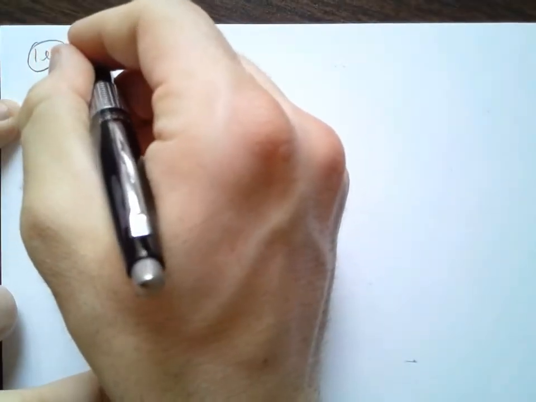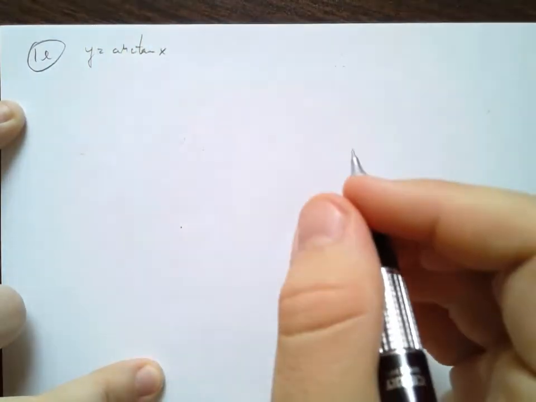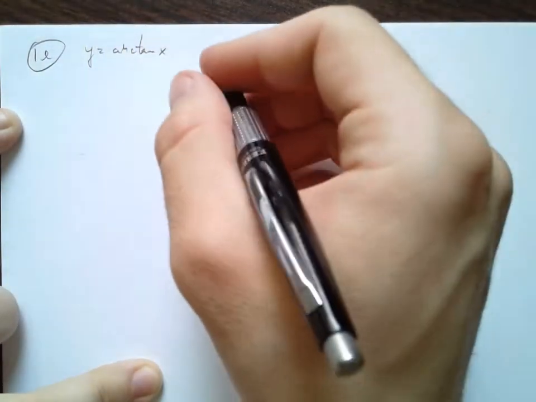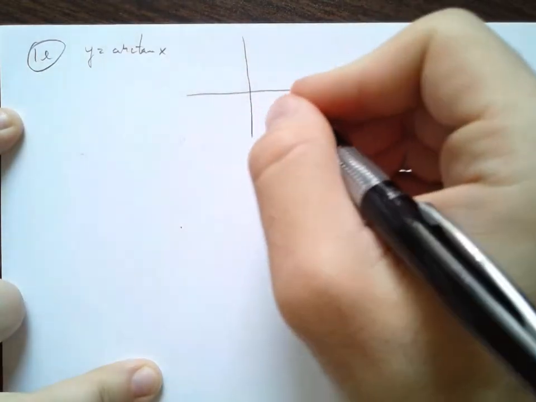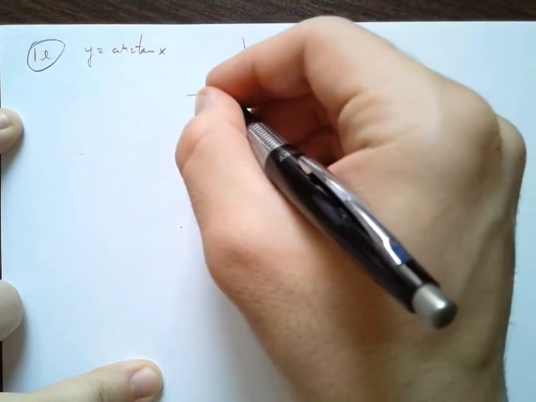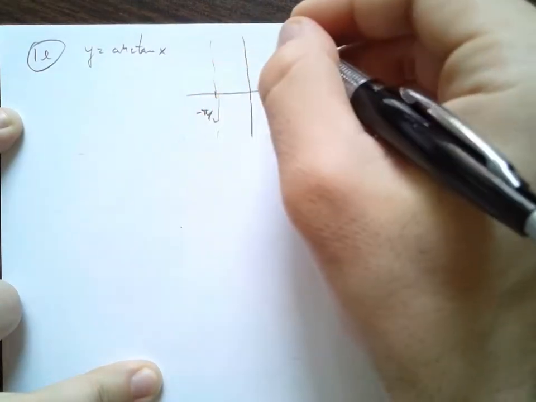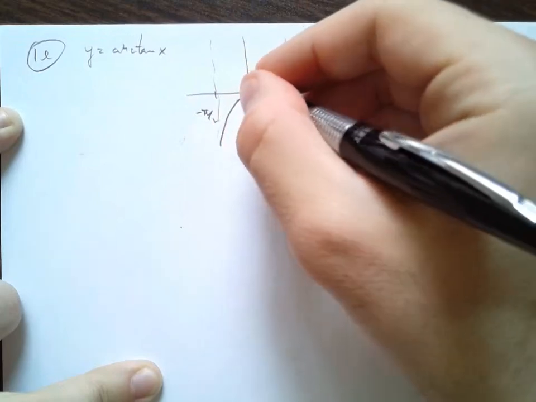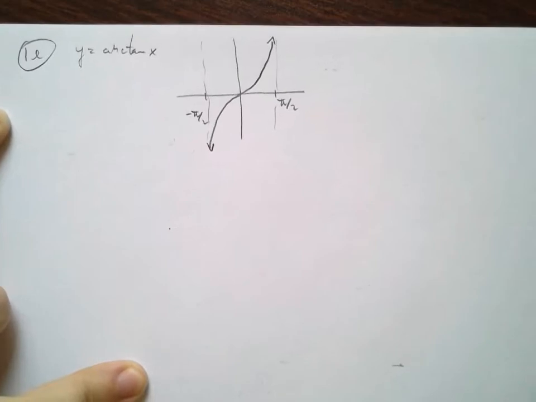So for problem 1E, let's start first with y equals arctangent of x. Okay? So I saw that the graph of tangent, at least between pi over 2 and minus pi over 2, looked like that, right? And it leveled off to the asymptotes.